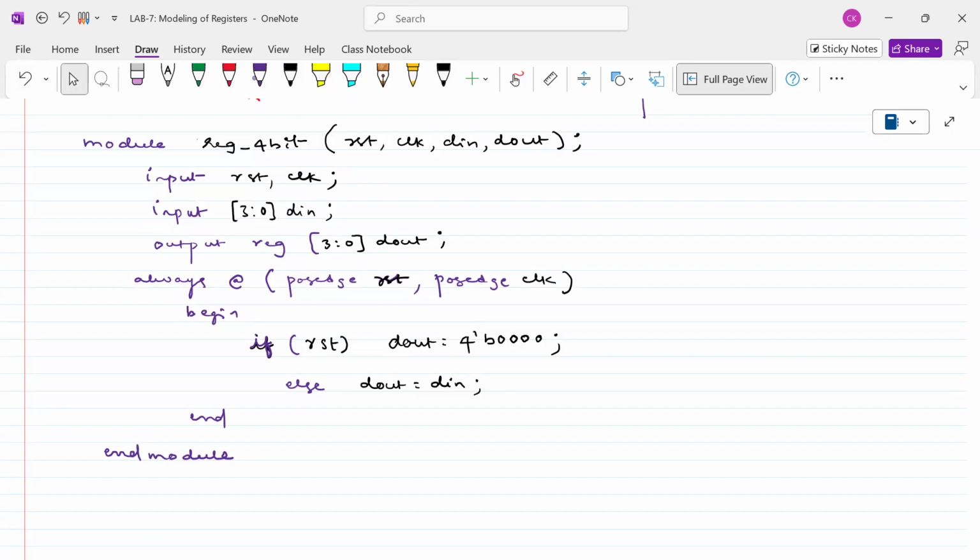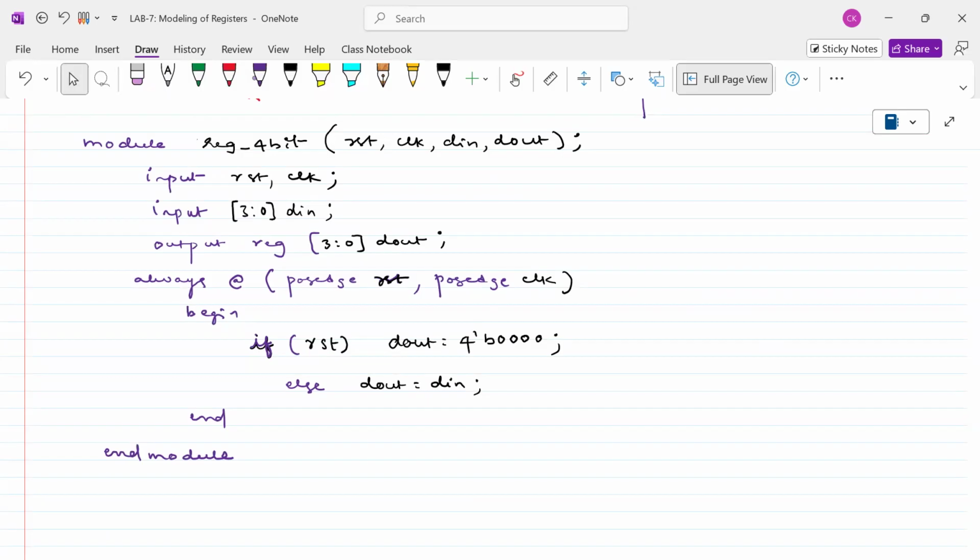Whenever you are talking about multi-bit storage, we are going to use one extra signal called load signal. Most of the cases, registers use the load signal. That means whenever the load signal is there, then only the data in must go as data out. If the load signal is not there, don't allow the DIN signal as a DOut signal. We don't want to transfer the data without having the load signal.